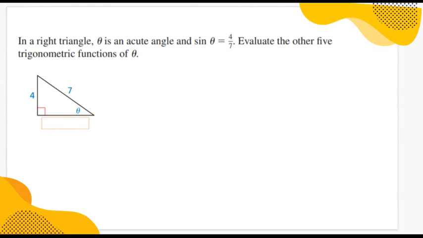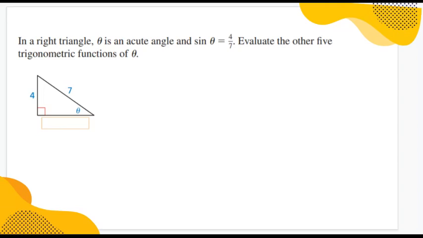Example number 2. We do have 4 and 7 as the given sides. We don't have any adjacent side here. This is the given theta. 4 is the opposite, and 7 will be the hypotenuse.